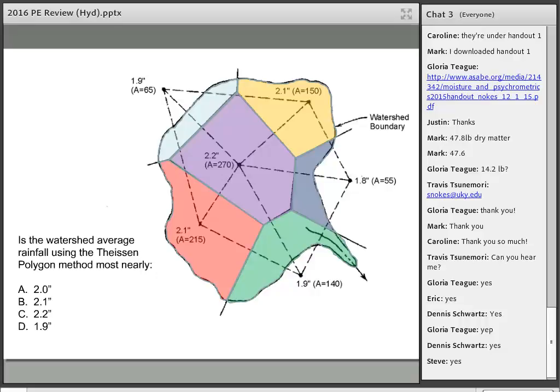And essentially then what you do is, with each of the rain gauges, you do literally a contour map in between the rain gauges.